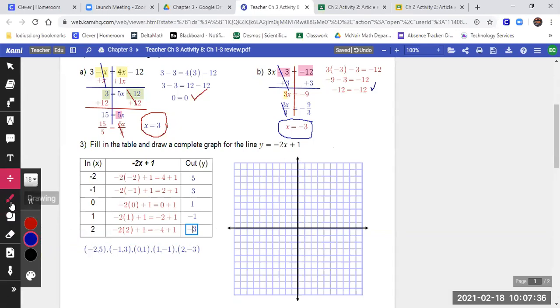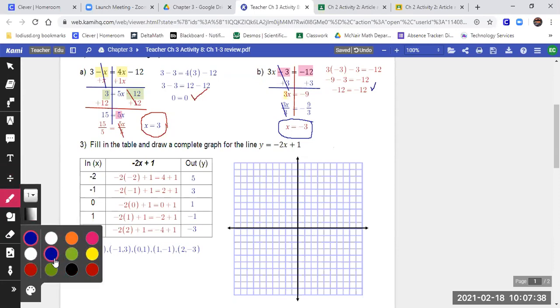Okay, step 1 for my graph is I have to figure out my scale. Now, my scale is my biggest x to my smallest x. So how many lines do we have to work with? 1, 2, 3, 4, 5, 6, 7, 8, 9, 10.